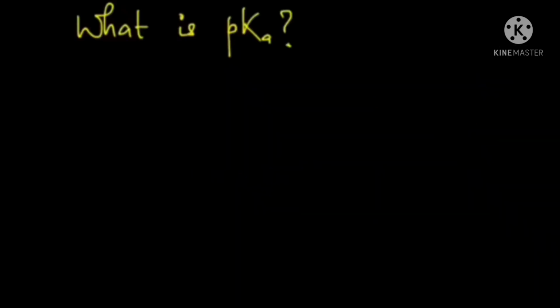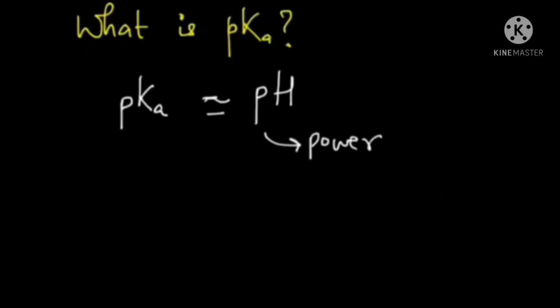pKa is a concept which is very similar to pH. The only thing is, in the place of H plus concentration, we use the value of Ka. So as in pH, P stands for the power of hydrogen, similarly, in pKa, P stands for the power of Ka.